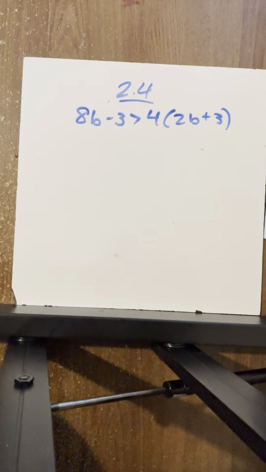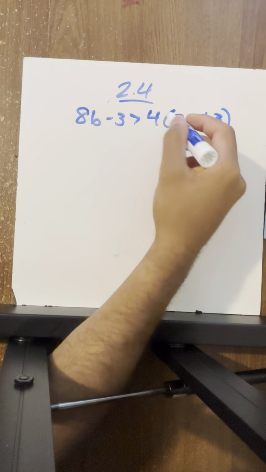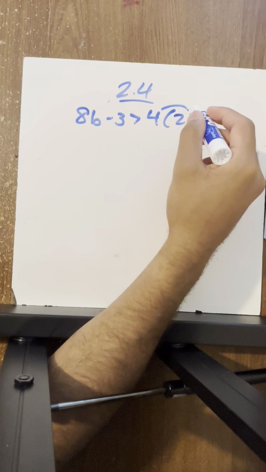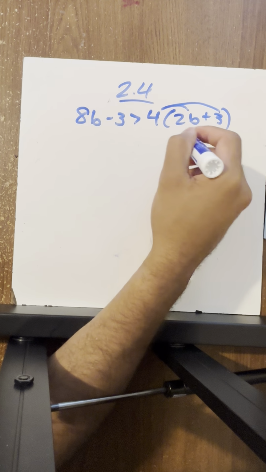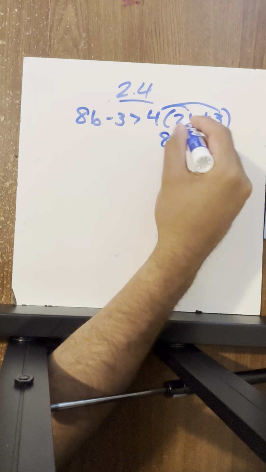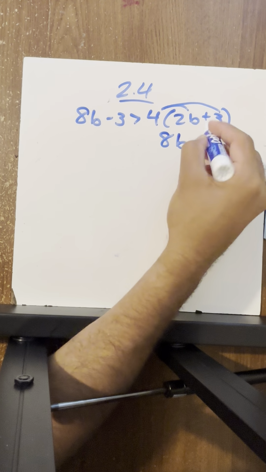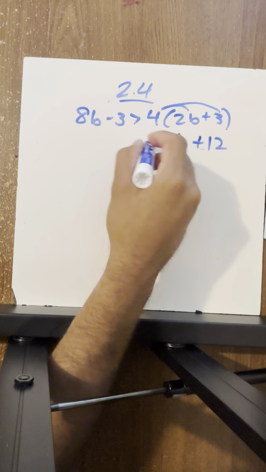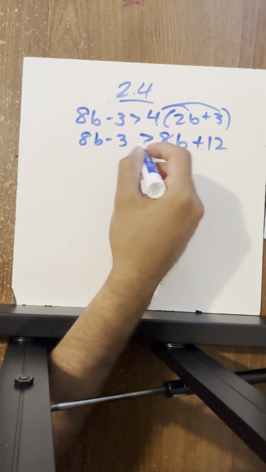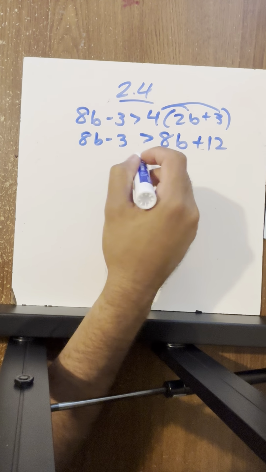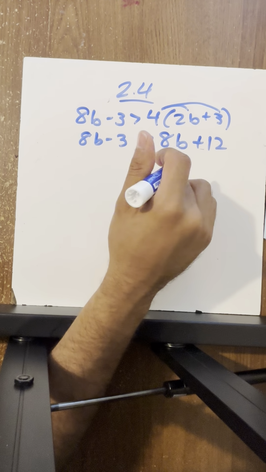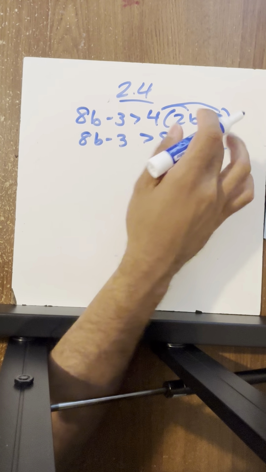When we see parentheses, the 4 wants to be multiplied to the 2b and to the 3. So 4 times 2 is 8, and we have a b on it. And then 4 times 3 is 12. So our new inequality says 8b minus 3 is greater than 8b plus 12. They were the same thing, we just multiplied the 4 to both the coefficient and the constant.